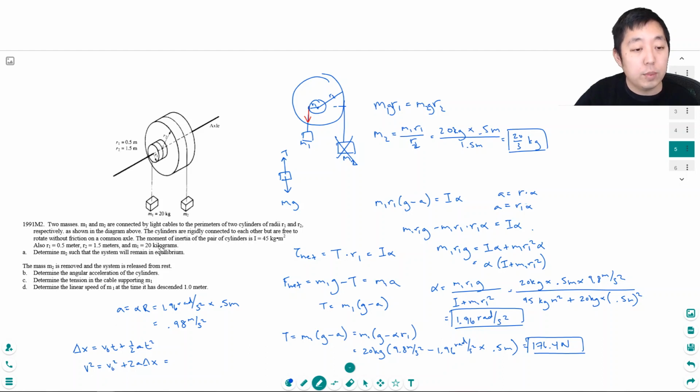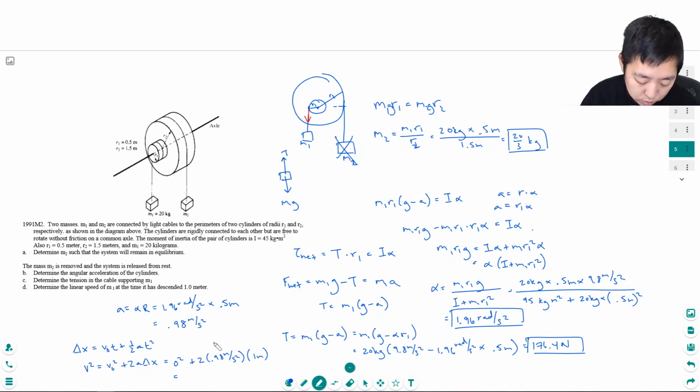It's released from rest, so its initial velocity was 0, plus 2 times 0.98 meters per second squared times delta x of 1 meter. That's equal to 1.96 meters squared per second squared. So v is the square root of that, which is 1.4 meters per second.